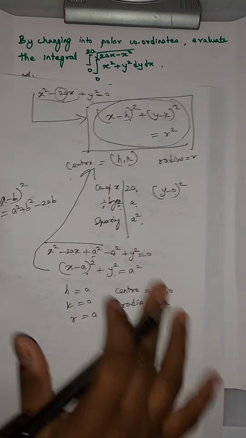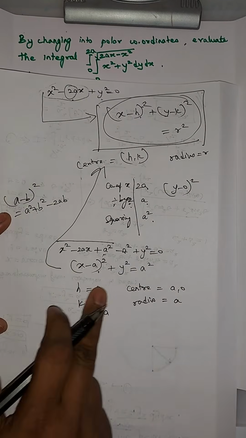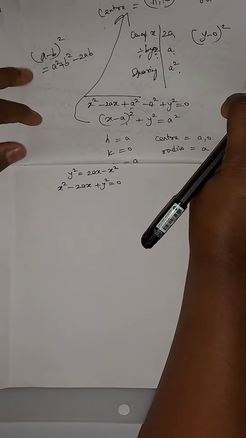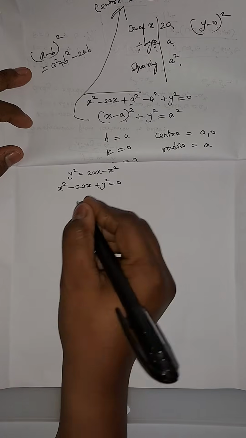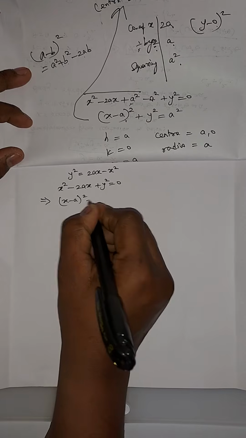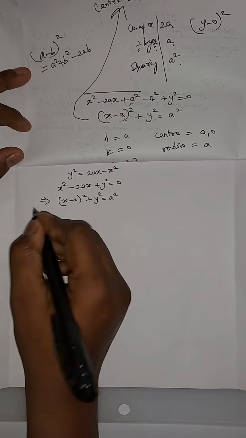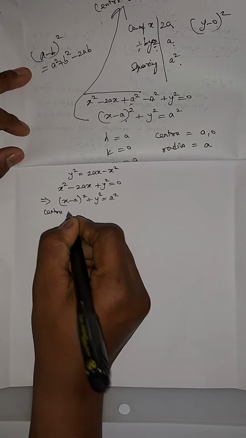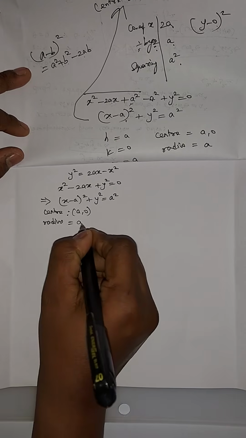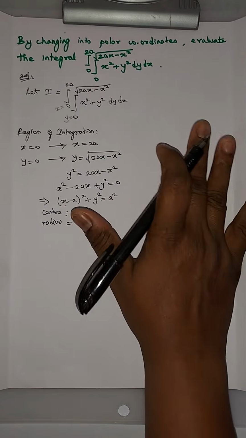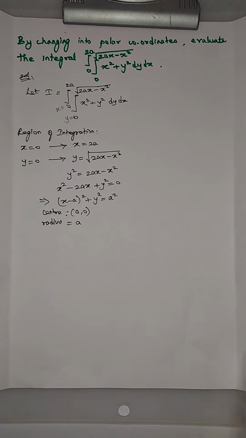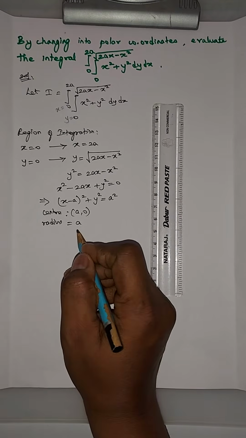So this equation becomes x minus a the whole square plus y square is equal to a square. Center is a comma 0, radius is a. Now representing this region in a graph.